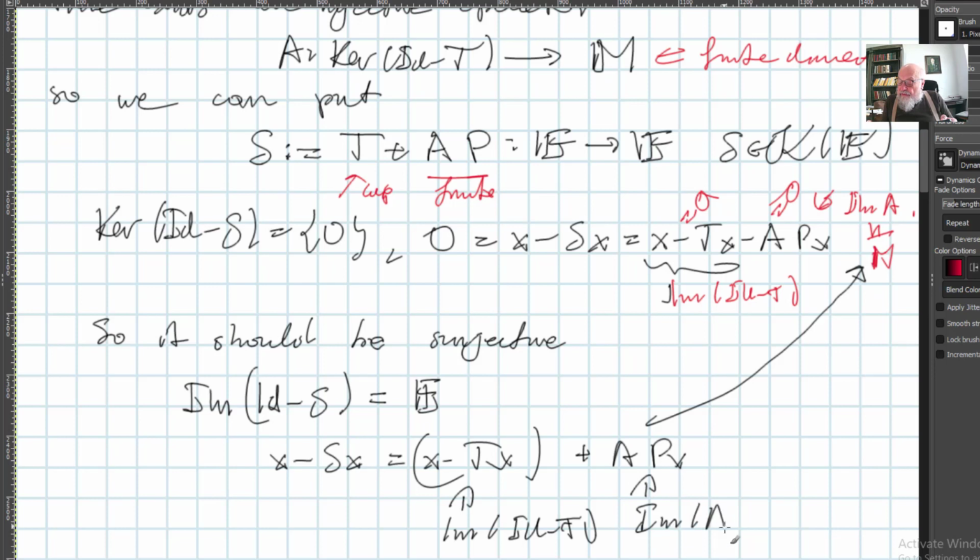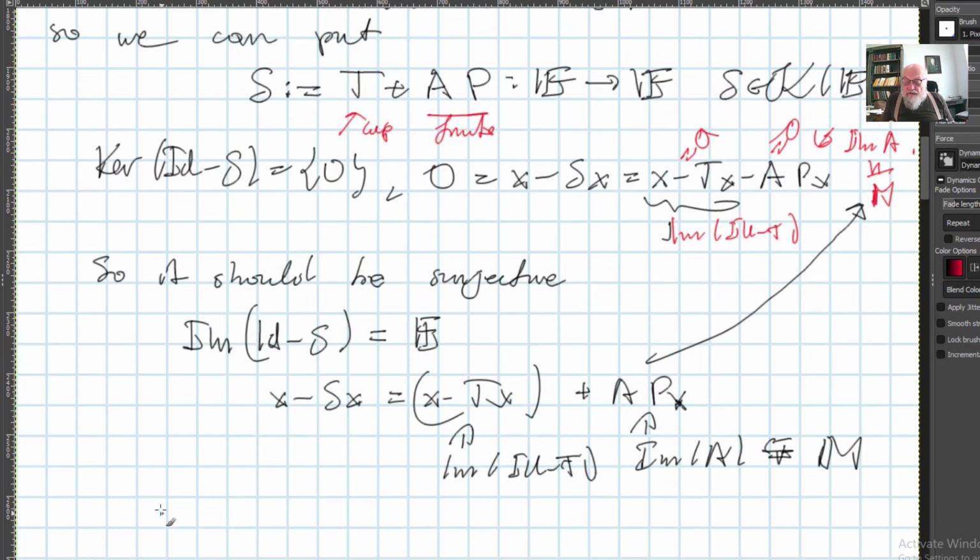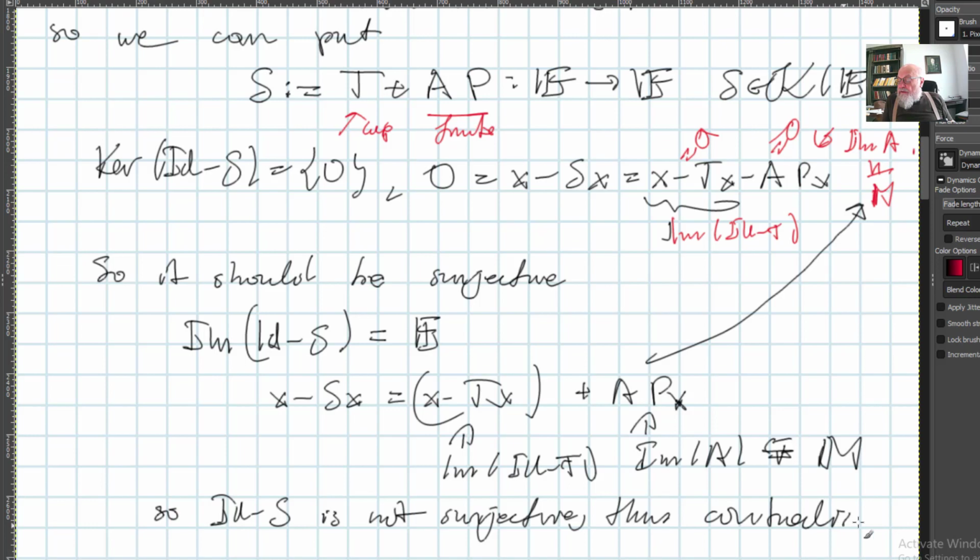This was belonging to the image of A, which is contained but not equal to M, so it cannot be surjective. So identity minus S is not surjective, thus contradiction.